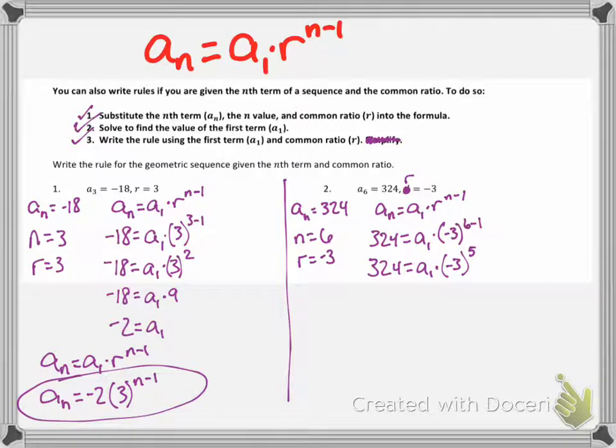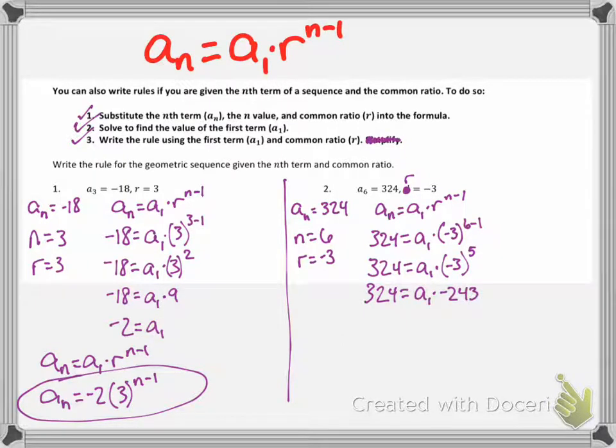You notice here we have a negative ratio. We all know how negatives and exponents can be a fun adventure for a lot of you. If you put parentheses around that negative term, you'll never have to worry if your sign is correct. So especially with a negative ratio, I would put parentheses around it so that it gets evaluated correctly. Negative 3 to the 5th power is negative 243.